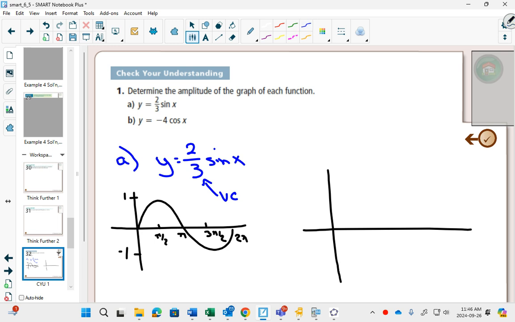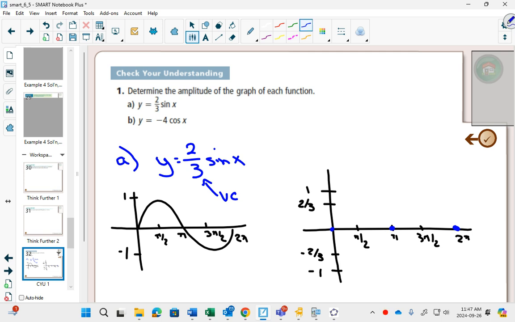So I'm still going to put my axis family: 2 pi, pi, pi over 2, and 3 pi over 2. And can you see wherever the y values are 0, they would stay 0. But instead of having a value of 1, when you multiply your y value by 2/3, can you see that you would get 2/3 instead of 1?